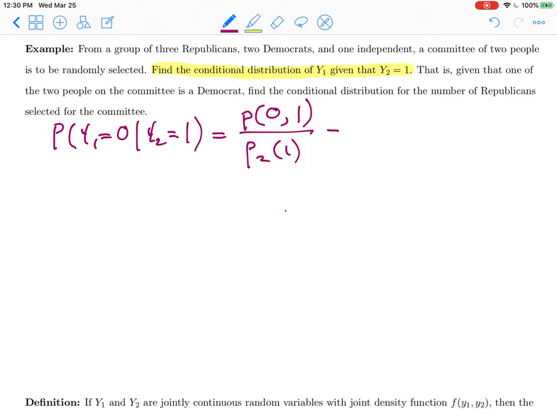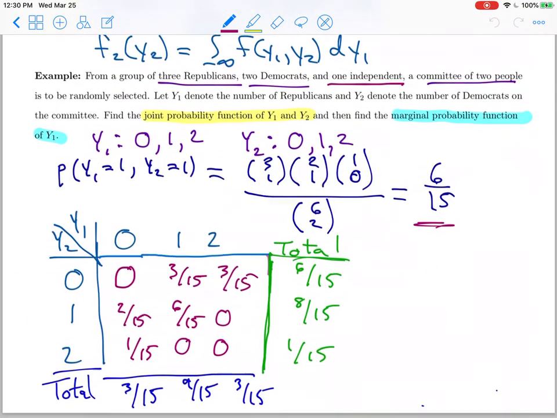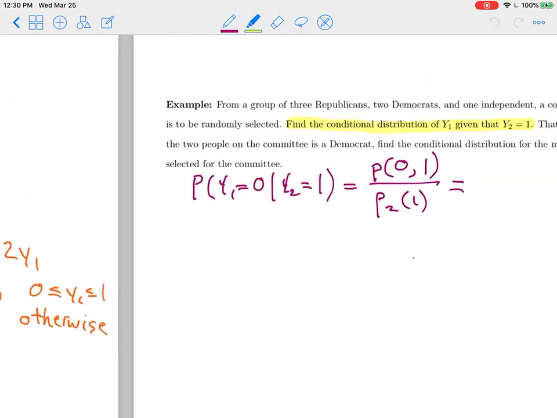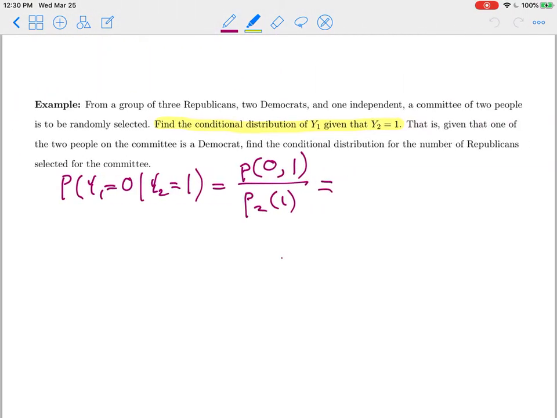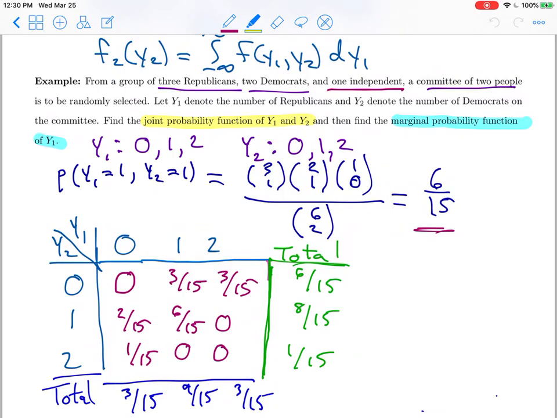Right? And so I'm going to turn back the page to see where we looked at this example before. Right, so here's where we looked at this example before. So we are looking for the probability of 0 Republicans and 1 Democrat, and so we find that in this table. The top row is 0 Republicans, this is 1 Democrat, and so we're looking for this value right here, 2/15.